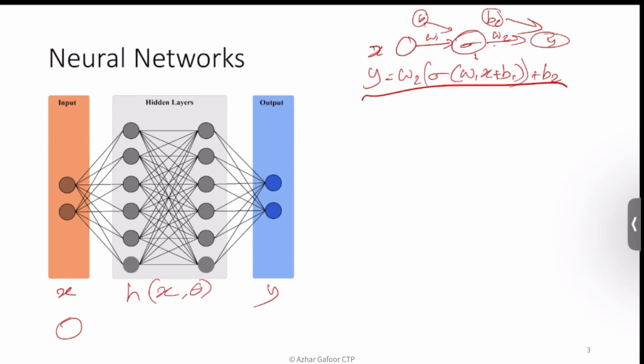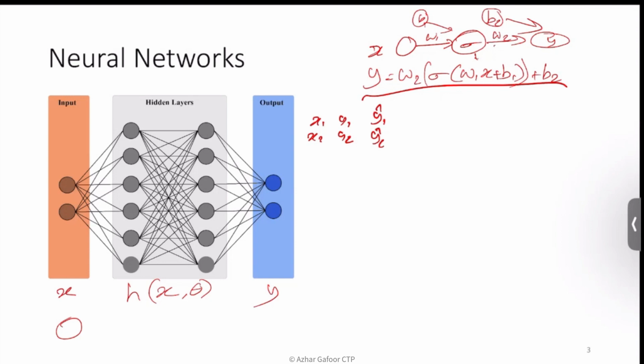Now, let's say we have different data like x1, x2, and corresponding y1, y2. For each x1, our network will predict some y1 hat, and for x2 it will be y2 hat.